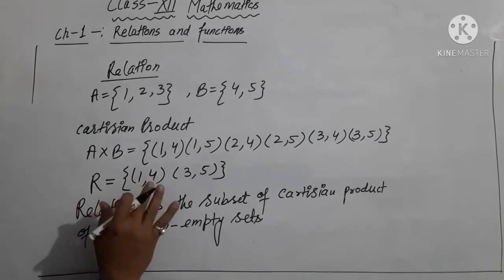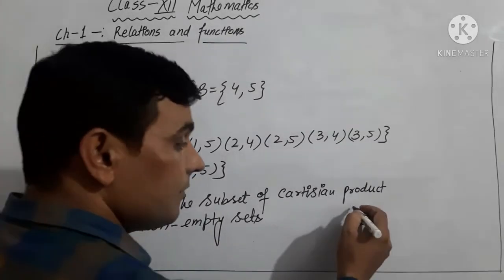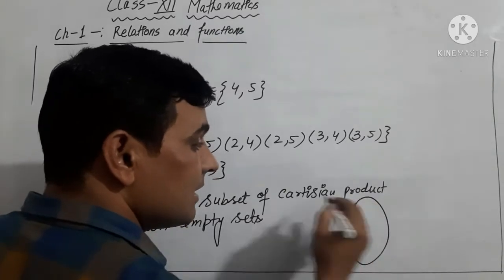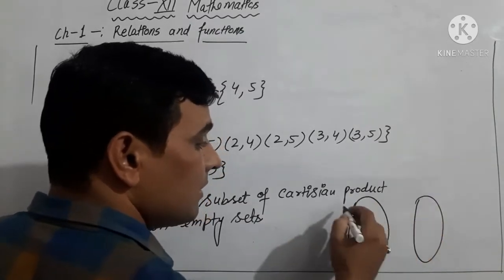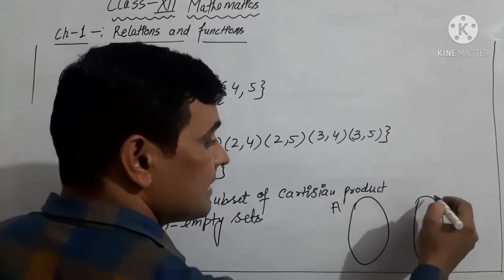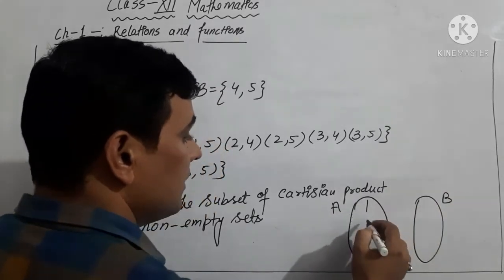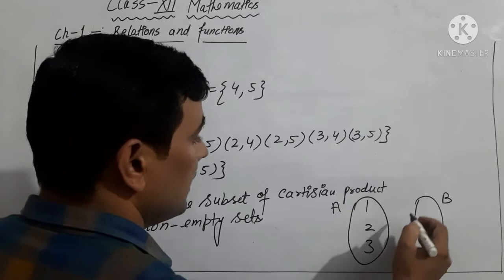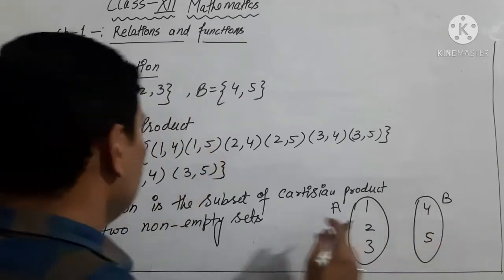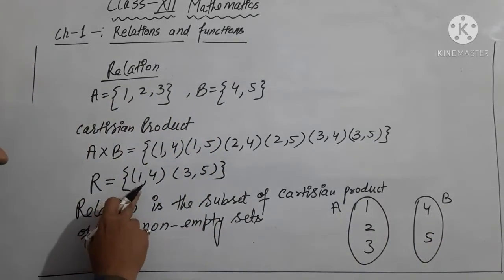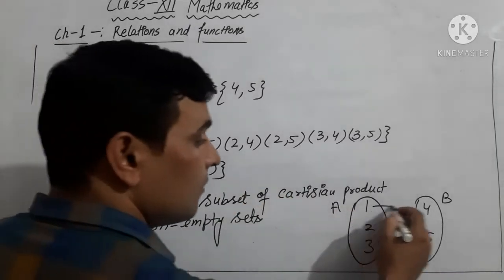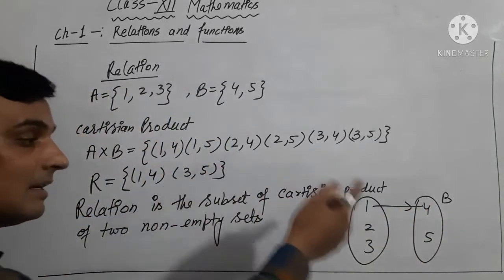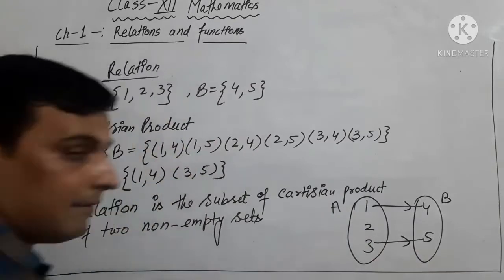This is the relation. If we have to express this relation in arrow diagram form, then we can represent it as set A, set B, 1, 2, 3 and 4, 5. Now, element 1 is related to element 4 and element 3 is related to element 5.